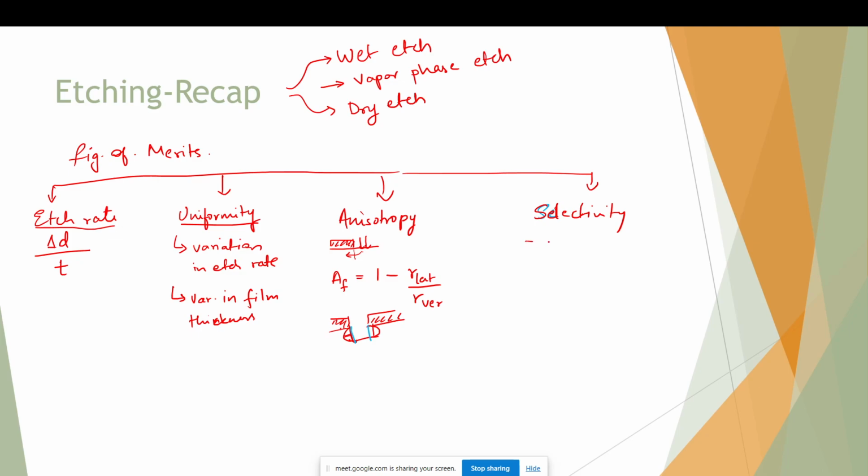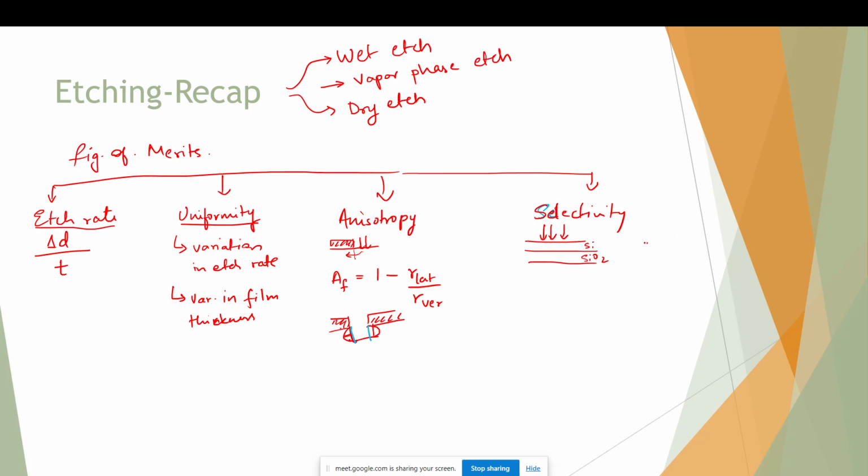Say I have a silicon layer, and below this silicon layer I have an SiO2 layer. I want to etch the silicon, but I want the etching to stop once I reach the SiO2 layer. So it should not etch the SiO2. Then I will say how selective is my etchant towards silicon when compared to SiO2.